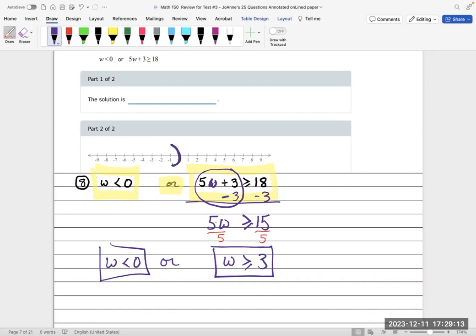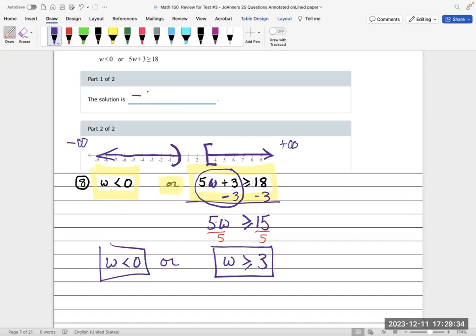To graph it, smaller than 0, the parenthesis needs to go that way. And my arrow, so all of the numbers smaller than 0; greater than or equal to 3 means at 3 it could be equal to 3, or everything bigger. So that's my graph. Again, to the left is negative infinity, to the right is positive infinity.